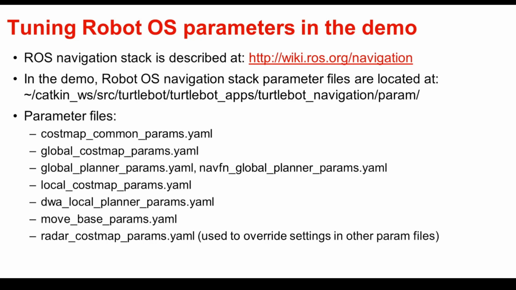So for instance, global cost map params applies to the global cost map, global planner, and navfn global planner both apply to the global planner in the mmWave package, as well as local cost map and DWA local planner apply to the local cost map and planner. The mmWave params file includes higher level parameters for the entire mmWave package. And finally, there's a radar cost map params file, which is used to override settings in other param files.